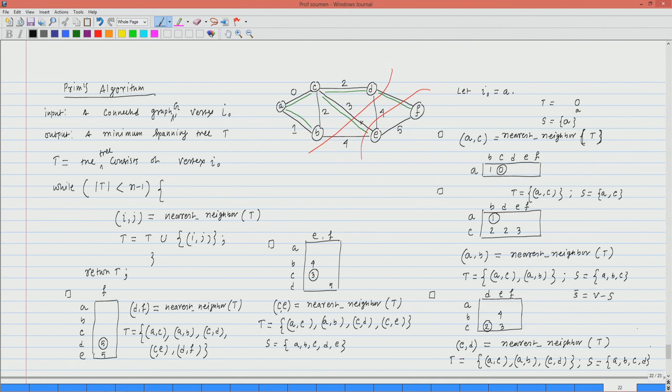So, this is how Prim's algorithm ensured that at every step, whatever partition you have from the previous or existing tree, at the next step you include an edge which is the minimum cost edge in the cut S, S complement, or the minimum cost edge connecting S and S complement.